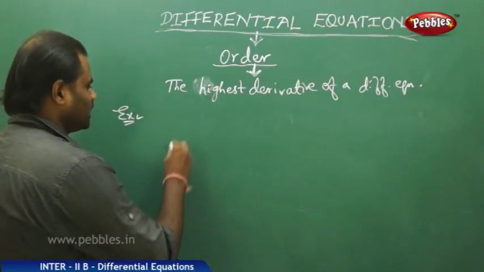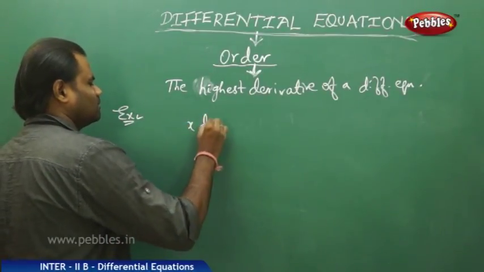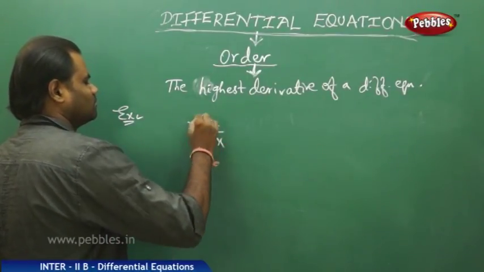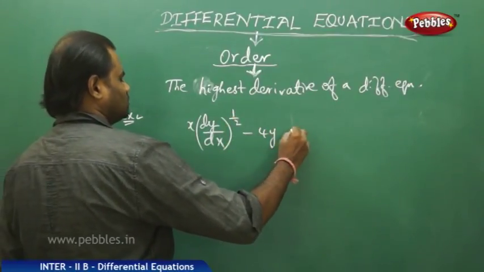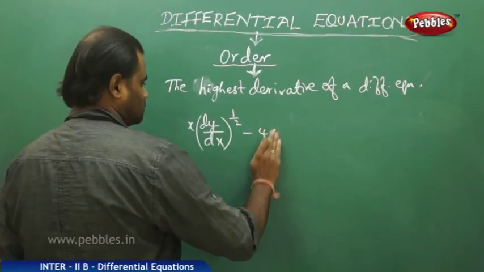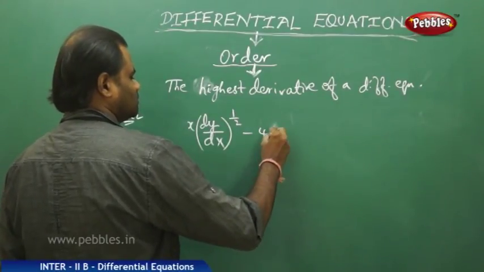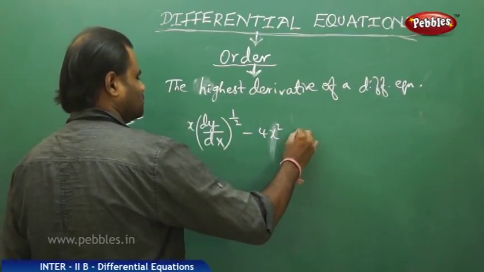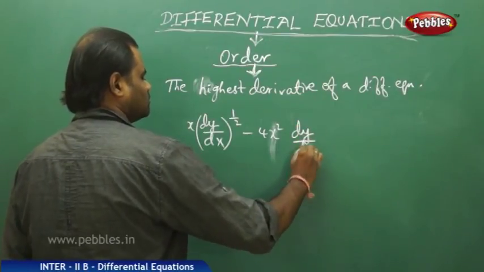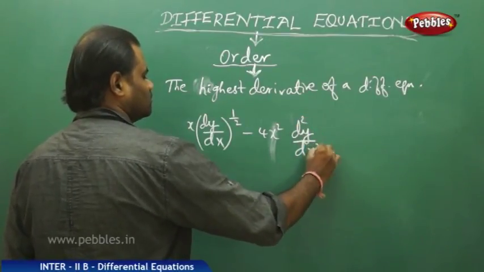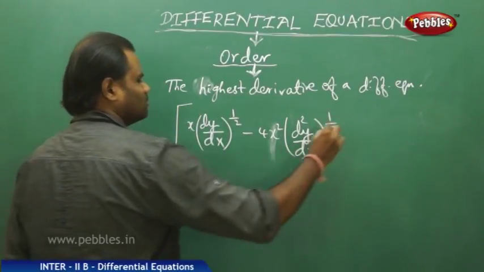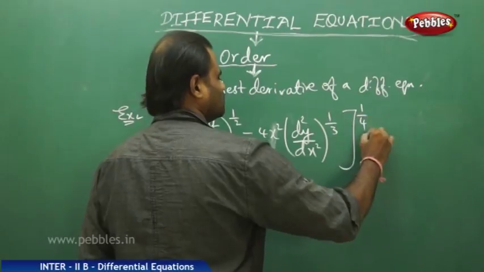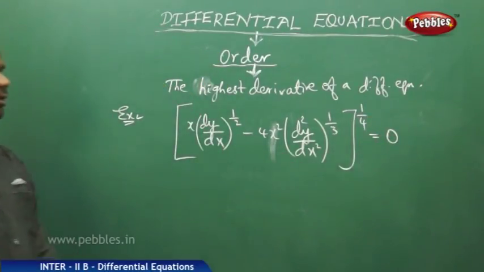So for example, I have this equation. Then how do we find order and degree?